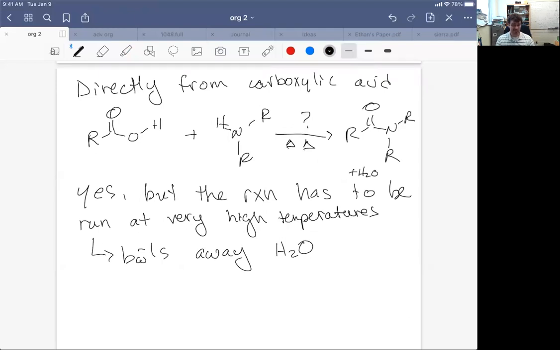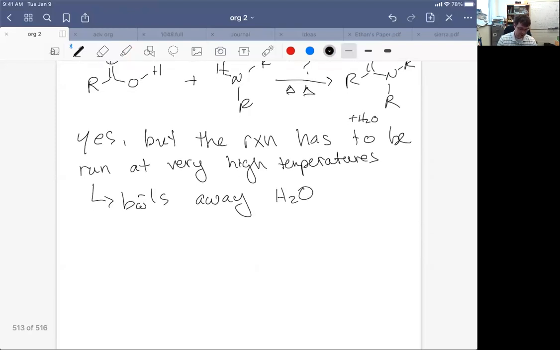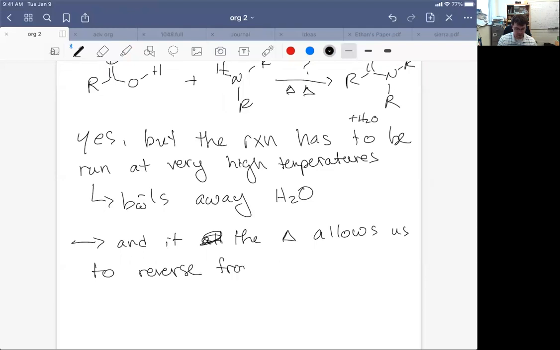Now it can't reestablish equilibrium, because we're boiling the water away, but it's going to keep trying, and it's going to keep siphoning the carboxylic acid over to the amine. The heat also allows us to reverse from the ammonium carboxylate.